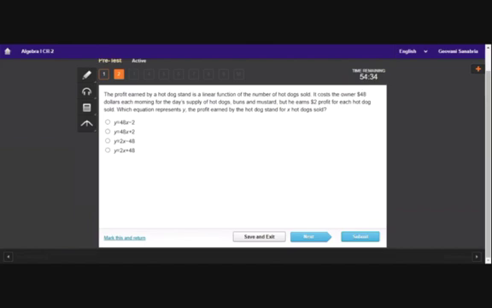So I would say it'd be B. No, B is saying for every hot dog, because the hot dogs are the X, for every X he earns $48. That's not what it says. So it's either got to be C or D, because for every X hot dogs, he earns $2.